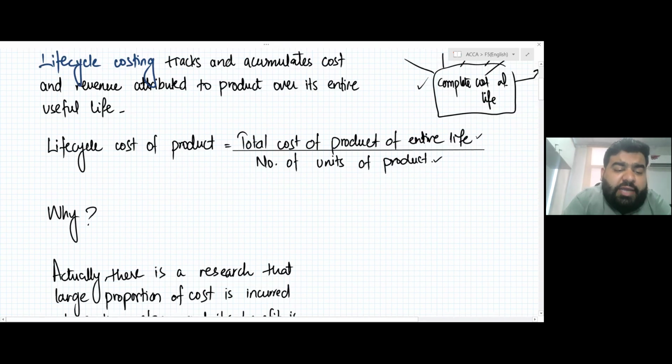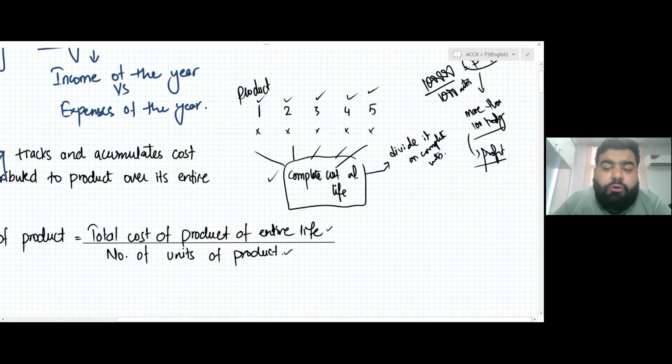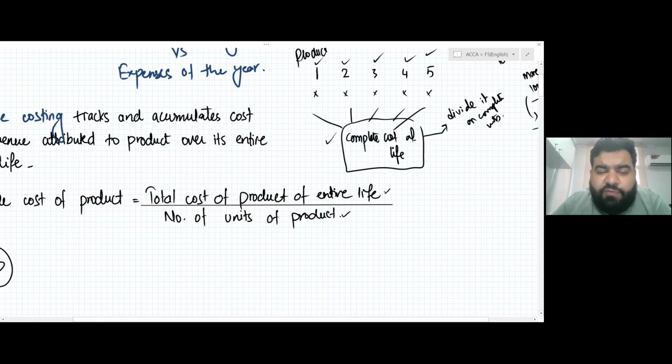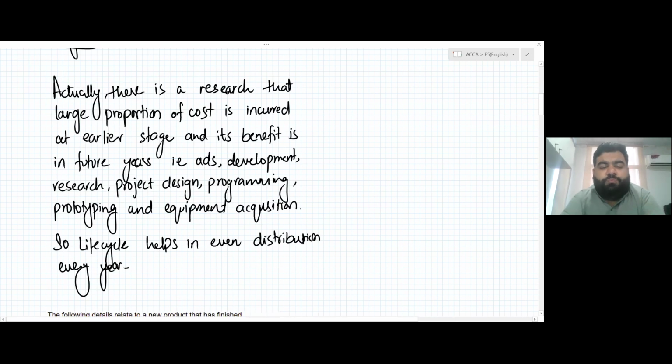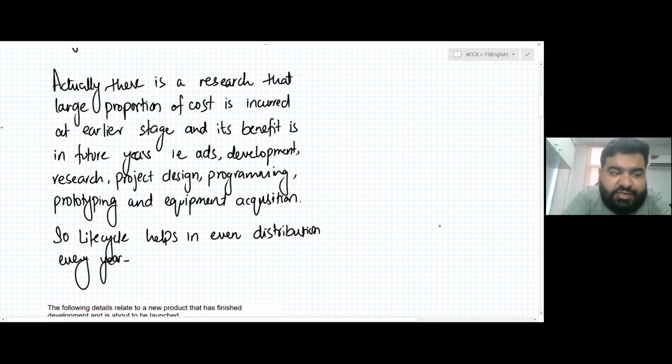But why are we doing it like this, taking complete cost and complete units and dividing to calculate cost per unit? Actually, this is the issue. There is research that a large proportion of cost is incurred at an earlier stage.